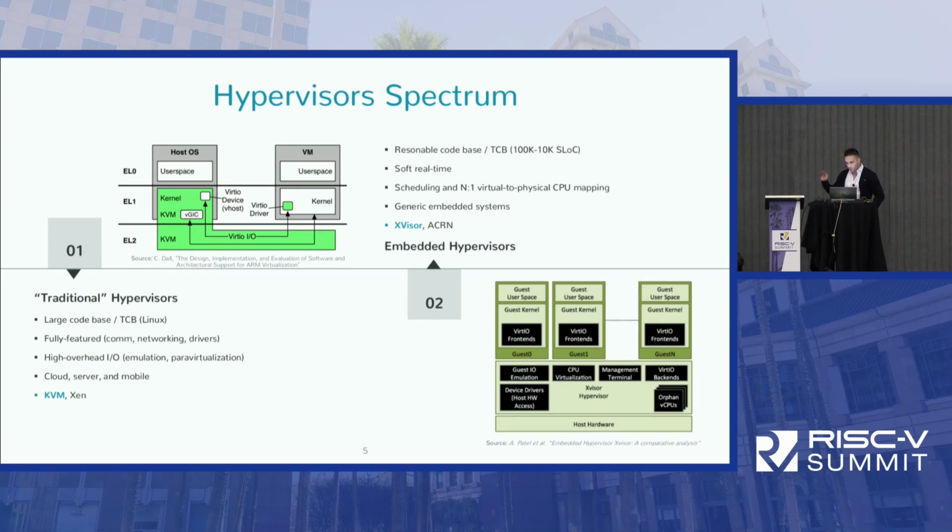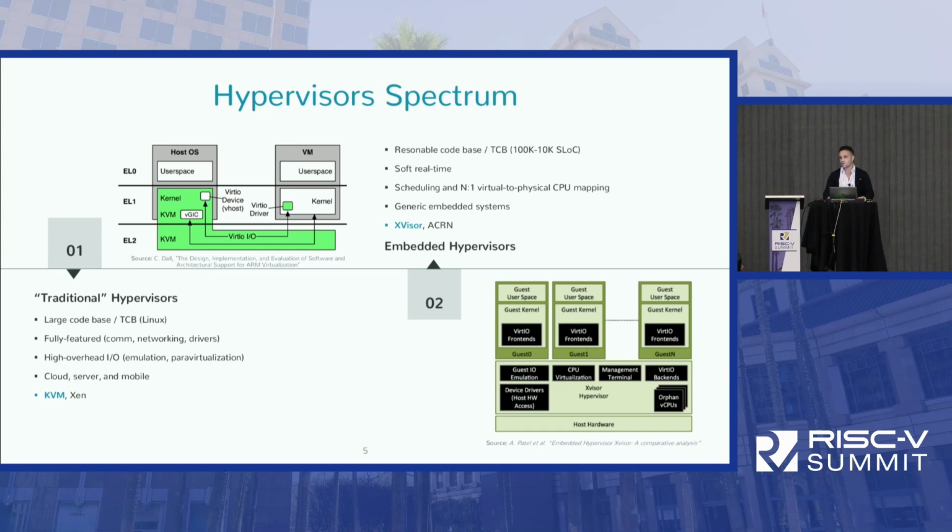Just a quick review also in terms of the hypervisor spectrum. On one side of the spectrum, we have the traditional hypervisors, typically used in cloud and server settings. They typically feature a large code base, and they may depend on Linux, which is part of the TCB. But they are fully featured.